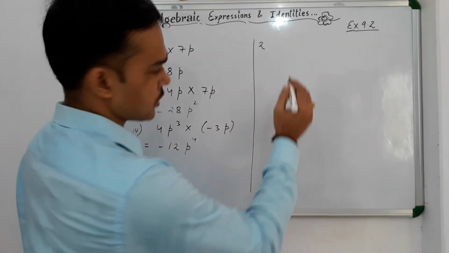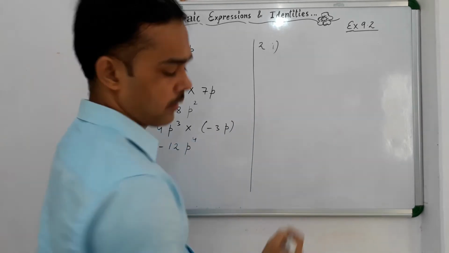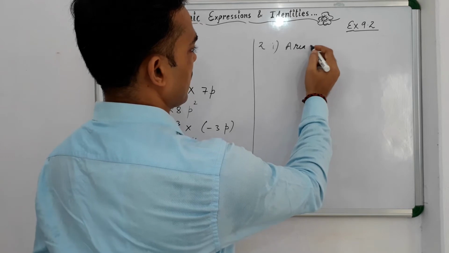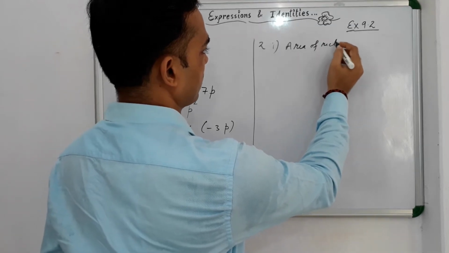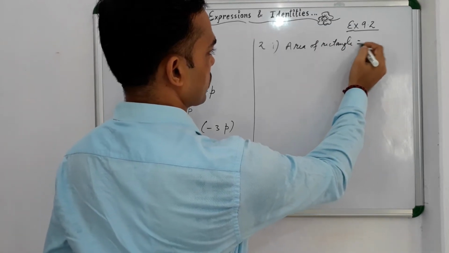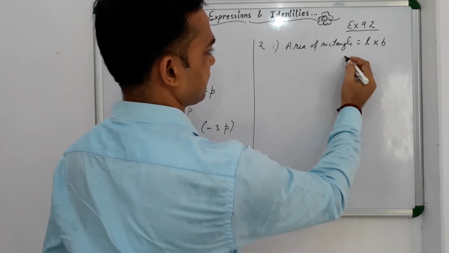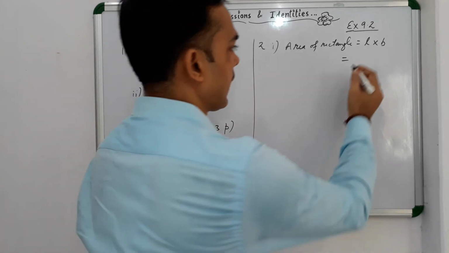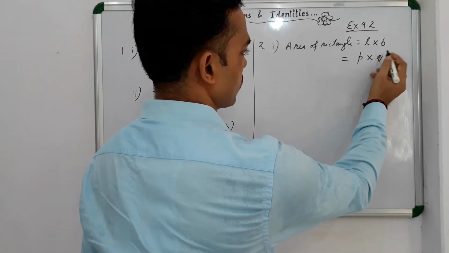So the first one, first we have to find area of rectangle. So you people know that area of rectangle equals length into breadth. Okay. Now length over here is p and the breadth is q.